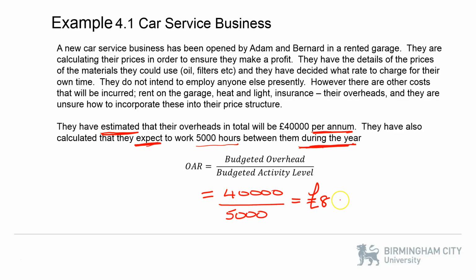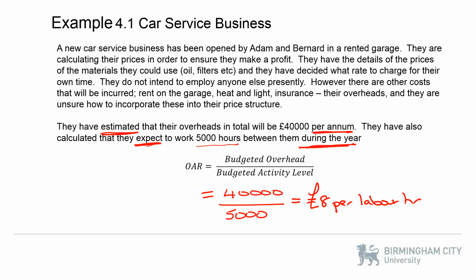Now you must remember to write after it per labour hour. If we divided by machine hours, then it would be per machine hour. £8 on its own is not the overhead absorption rate. You must remember to state afterwards what it is. So is it per labour hour?